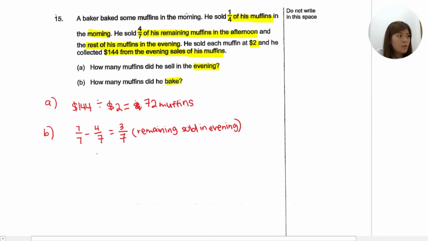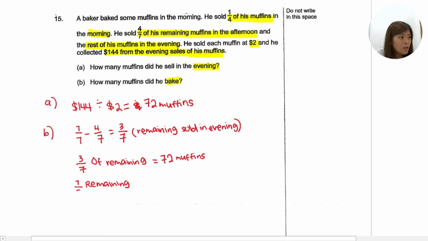Okay, and you know this 3/7 of the remaining is equals to 72 muffins. So how to find the remaining? The remaining, right, basically means 7 out of 7.